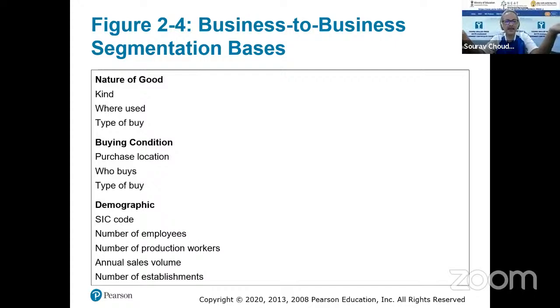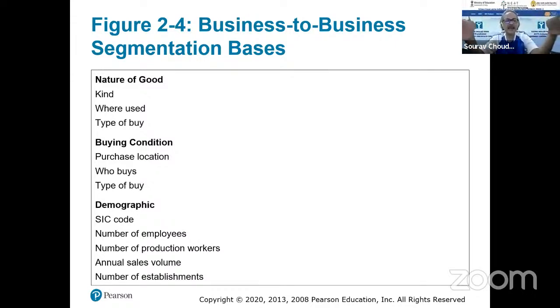Okay. Demographics. What is the SIC code? SIC code is the product category code. Something like, steel is a product category, water is a product category, technological software is a different product. Each product category has a code. Okay.